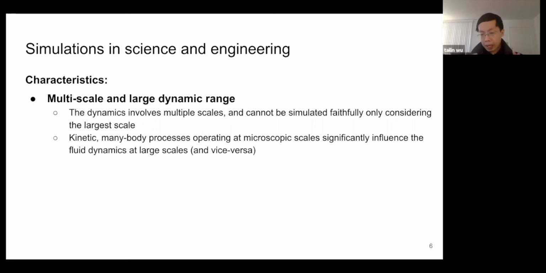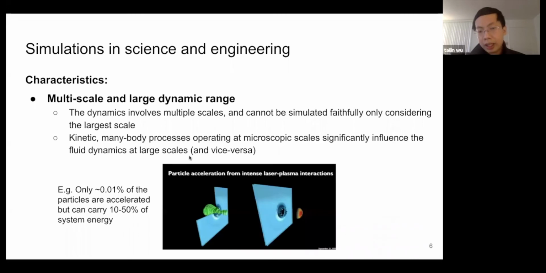Also, in these systems, some of the dynamics in the microscopic scale can significantly influence the dynamics in the large scale. For example, let's take this system, in which a laser accelerates plasma. In this system, only 0.01% of the particles are accelerated, but they can carry around 10 to 50% of the system's energy.